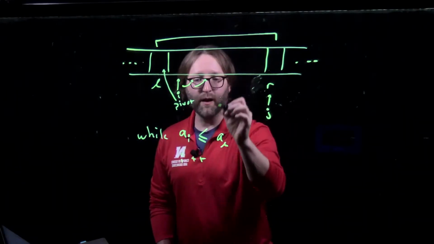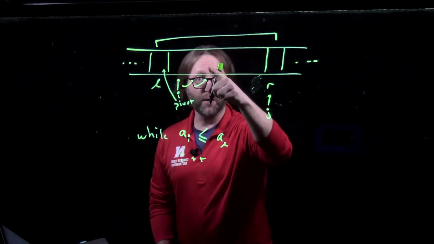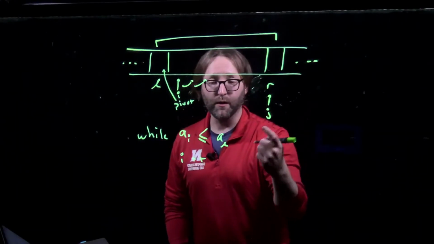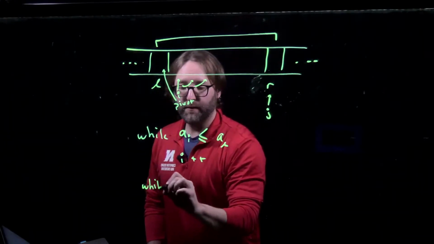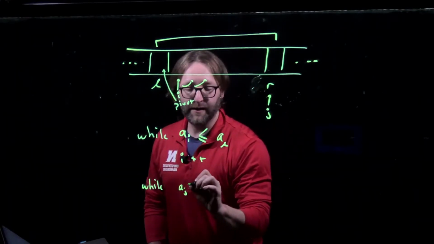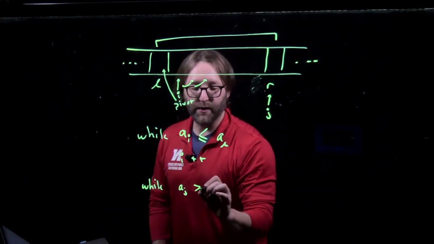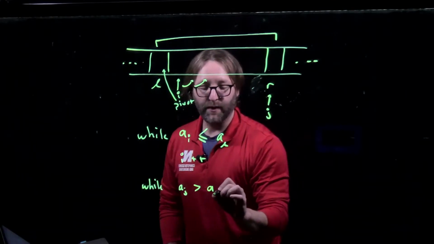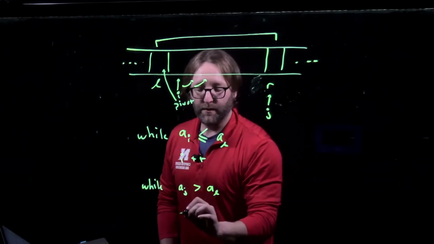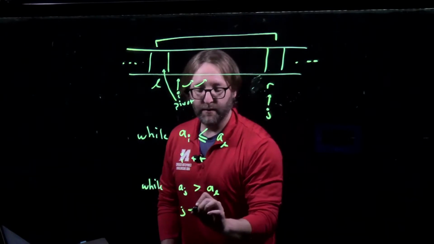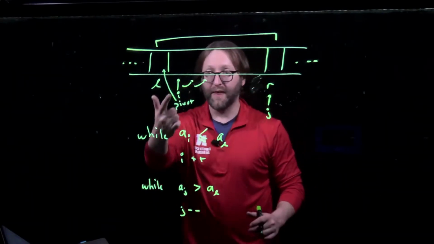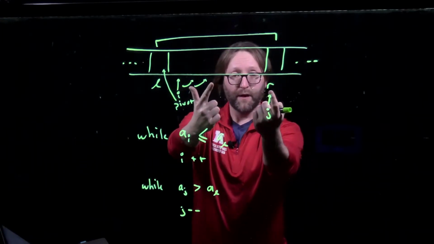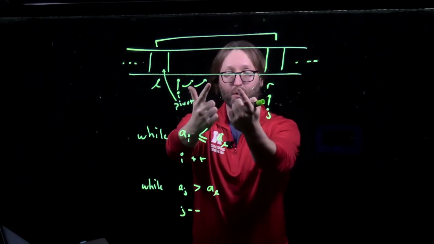That's how I'm going to move my i over to get an element that's on the wrong side. Likewise, I'm going to look at this element over here, and while a sub j is greater than or equal to, it doesn't matter, a sub L, then I will decrement my j. And that will get my i over to something that's on the wrong side, and I'll get my j over to something that's on the wrong side.